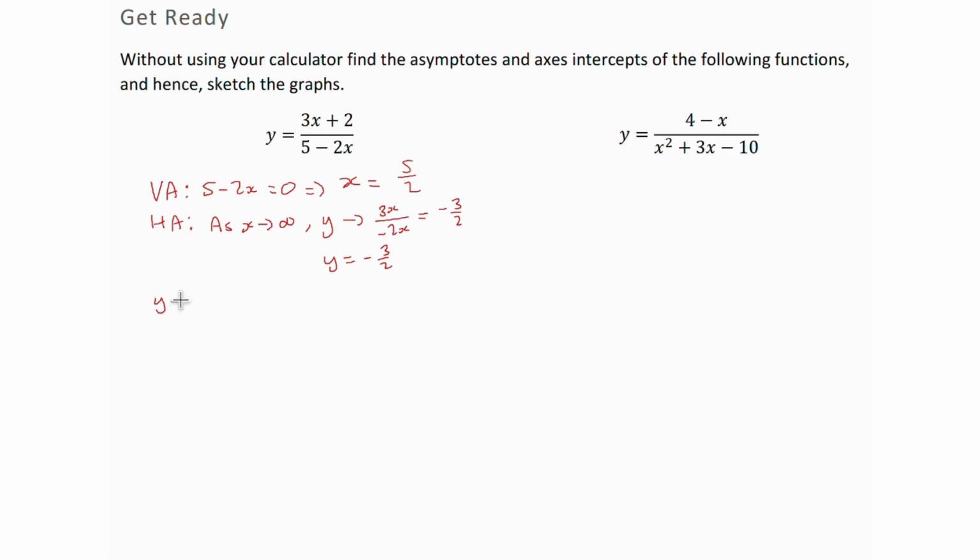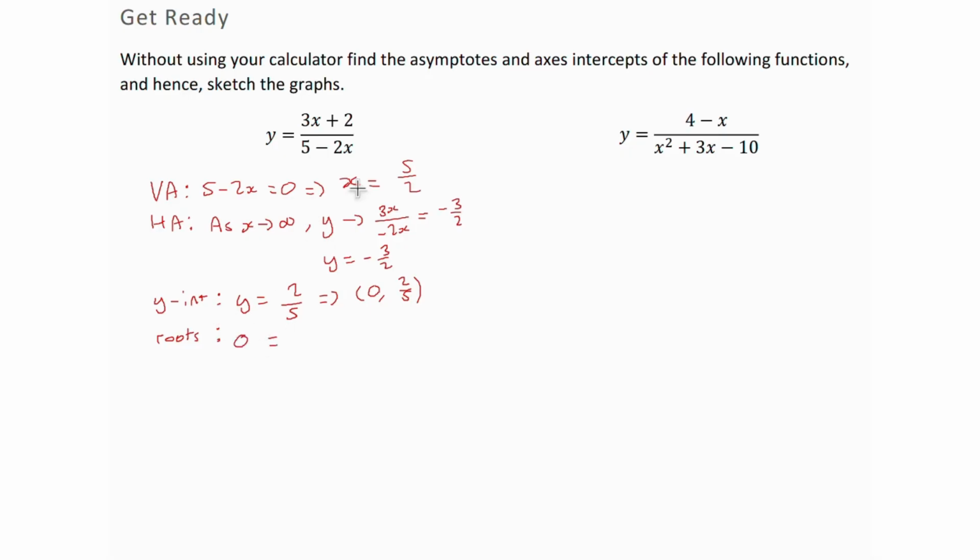Our y-intercept is when x is equal to 0. So y equals 2/5, or (0, 2/5). And our roots are when y is equal to 0.